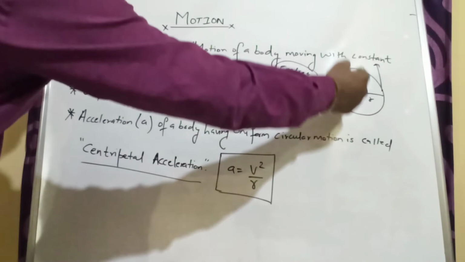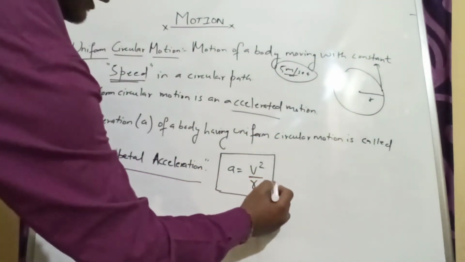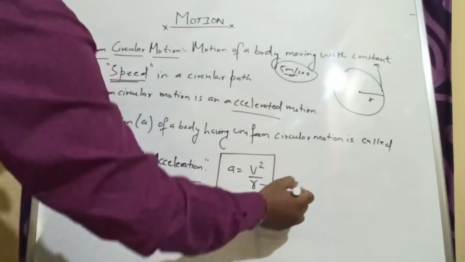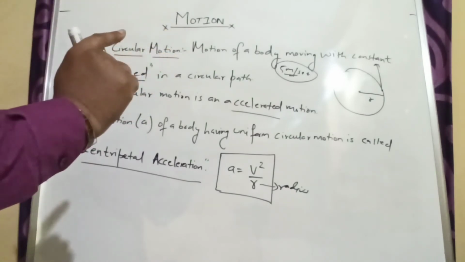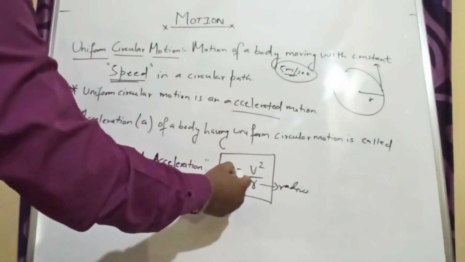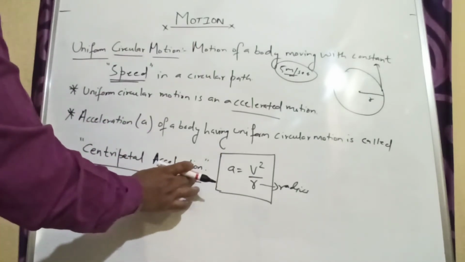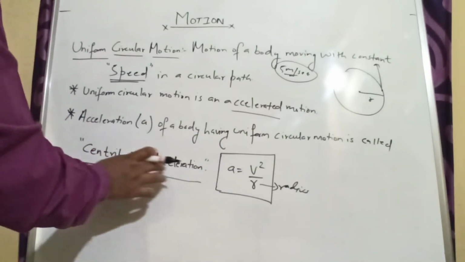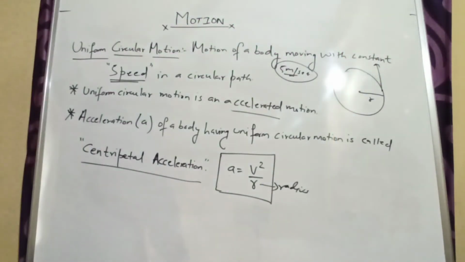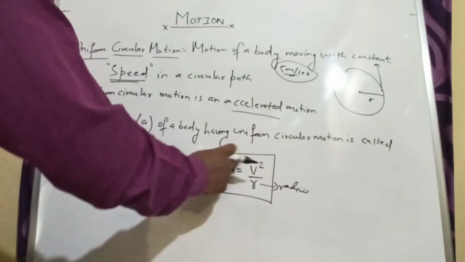Where v is the speed by which the body is executing circular motion, and r is the radius of this circular path in which the object is executing circular motion. Clear? So v square by r will give you the value of centripetal acceleration. As acceleration is also a vector quantity, it will have some direction. So the direction of the centripetal acceleration is towards the center of the circular path. Clear? I hope this uniform circular motion is clear. The centripetal acceleration you will find in this way.